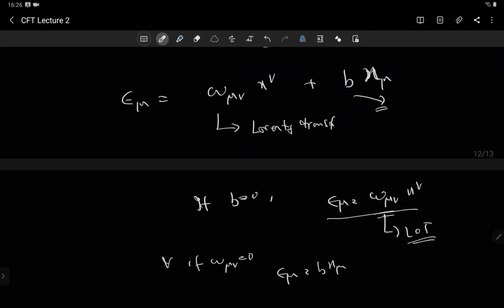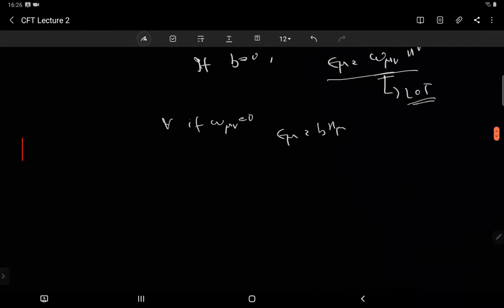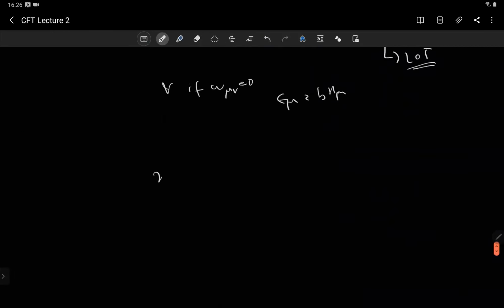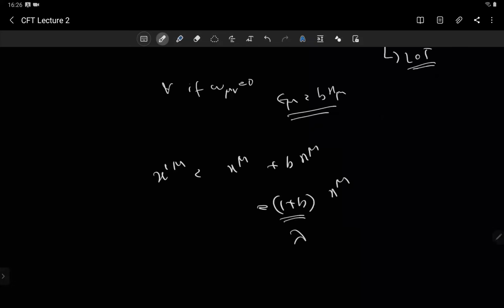Now, what is this transformation? Well, this transformation is nothing but the constant scaling, because x prime mu is x mu plus B times x mu, right? That is 1 plus B times x mu, and this is lambda. So this corresponds to constant scaling, that we had seen earlier.